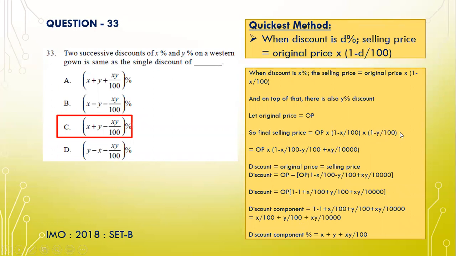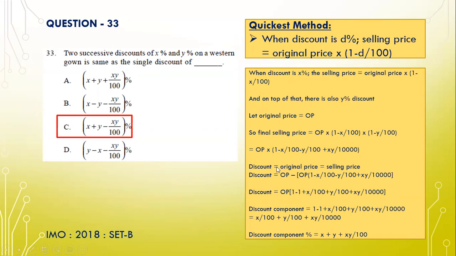So when you multiply these two, 1 into 1 is 1, and 1 into minus X upon 100 is minus X upon 100. And again 1 into minus Y upon 100 is minus Y upon 100, and minus X upon 100 into minus Y upon 100 will be positive XY upon 100 into 100, which is 10,000, isn't it? So original price into (1 minus X upon 100 minus Y upon 100 plus XY upon 10,000).